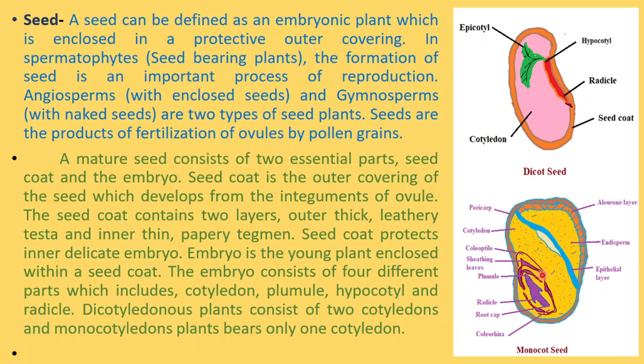This part will give rise to the shoot after germination, and this part will give rise to the root, that is the radicle. The radicle may contain a root cap, coleorhiza, etc. This part is known as the epithelial layer. This is the endosperm, and this is the aleurone layer. So this is the structure of a monocot seed.